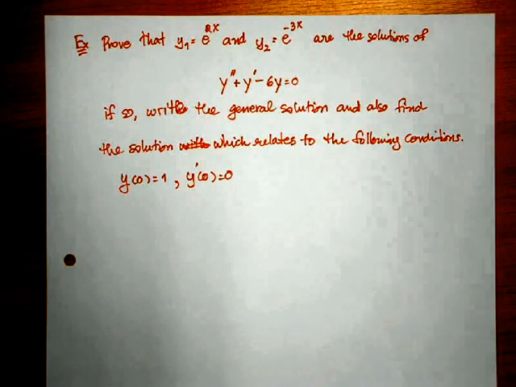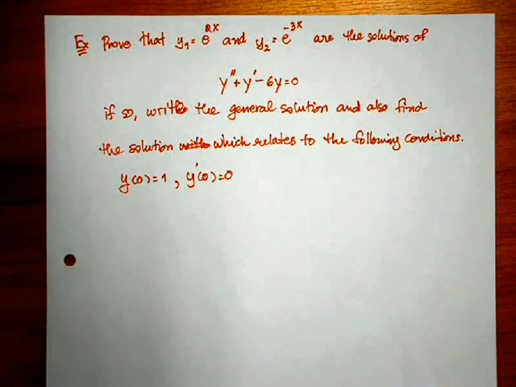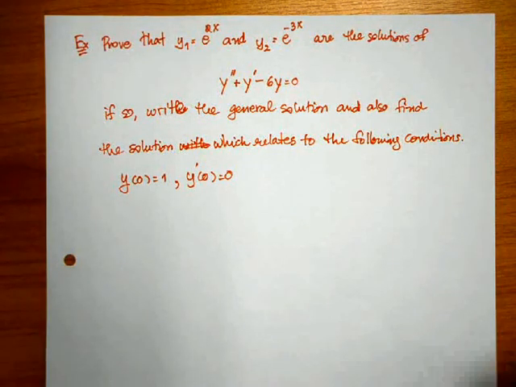And if they are the solutions, then we've got to prove that they are linearly independent of each other. Then we can write down the general form of that, and then we just plug the conditions in there to find the values of C1 and C2. Okay.